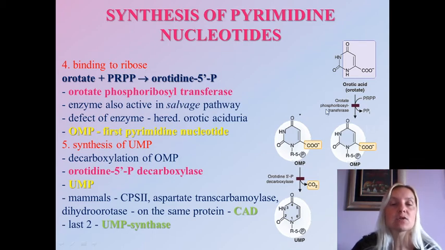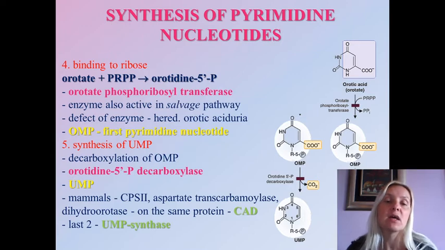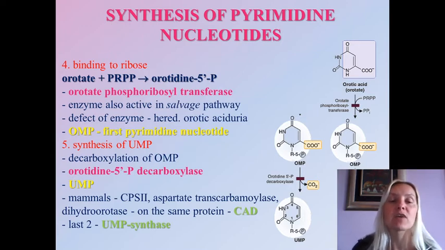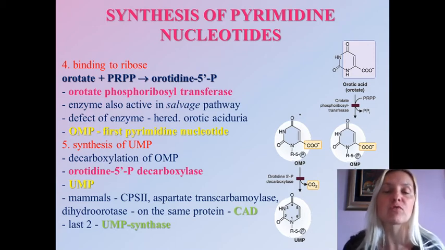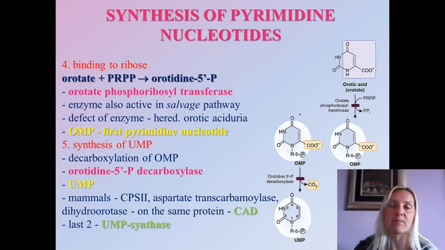This enzyme is also active in the salvage pathway of pyrimidine nucleotide synthesis, and the defect of this enzyme is the basis of development of hereditary orotic aciduria, which arises as a consequence of accumulation of orotic acid in the organism. So orotidine 5-phosphate, or orotidine monophosphate, is the first pyrimidine nucleotide to be synthesized during this pathway.